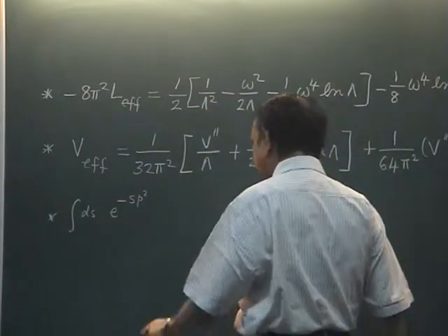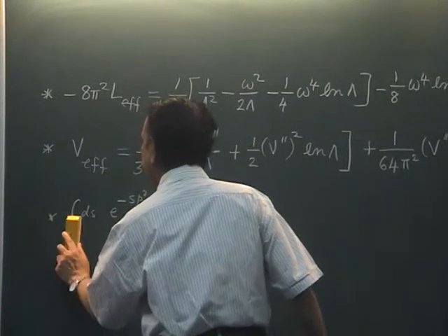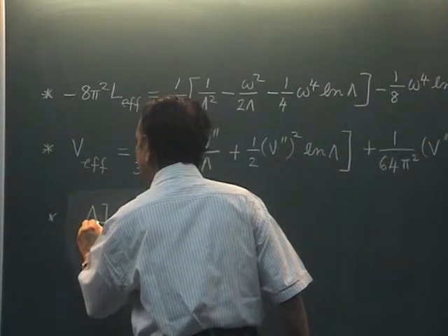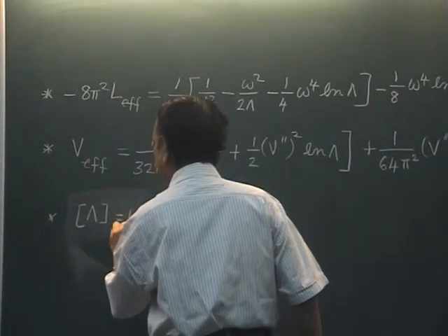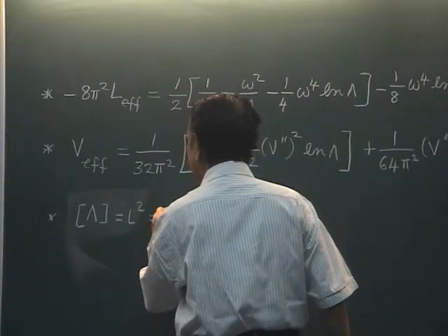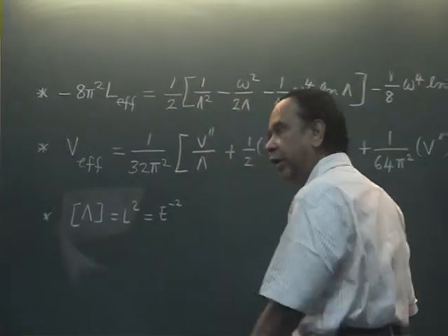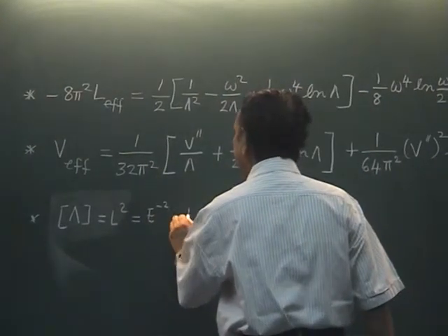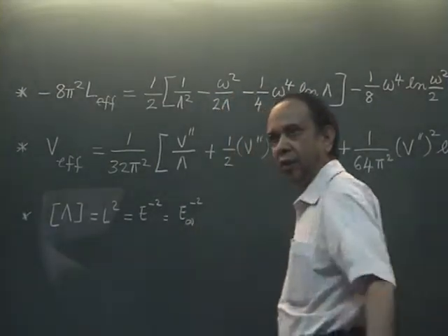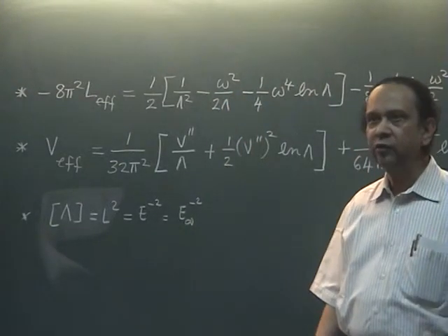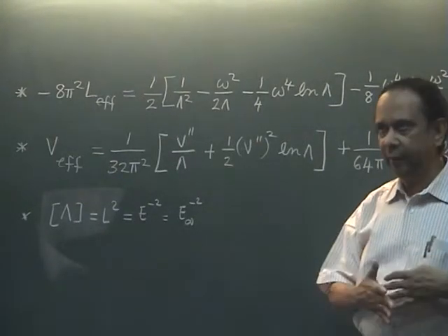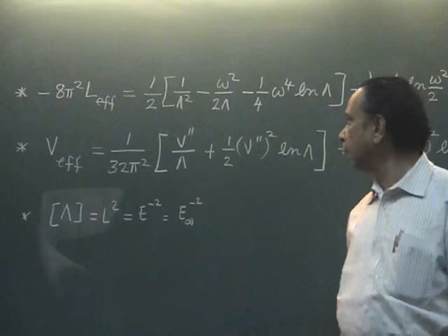So lambda has dimensions of length squared, which is the same as the dimensions of energy to the minus 2. So I could put some E infinity to the minus 2 for lambda. E infinity is to remind you that at some level we are expecting that scale to be sent to infinity. So this is what we have.